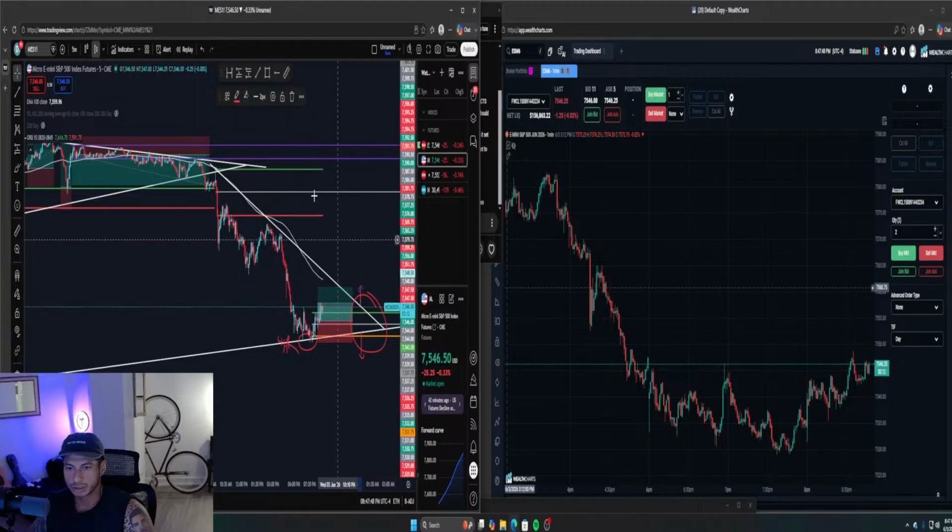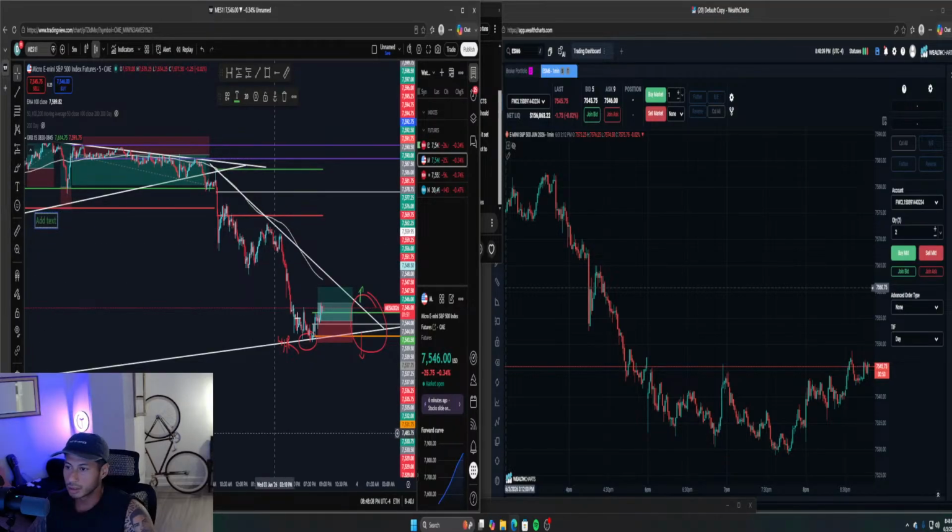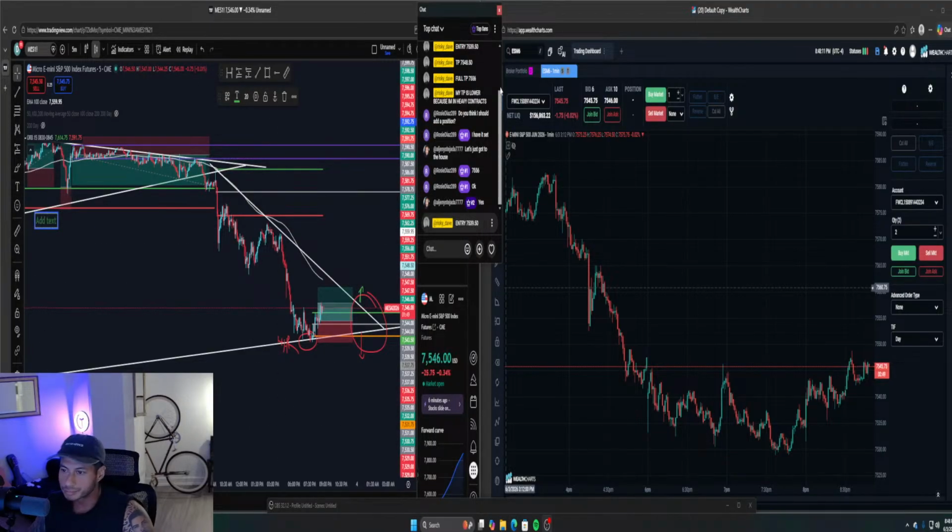I'm going to delete this because this looks ugly. Let me try that again. Make it green. Price will either go up. That's the ugliest arrow I've ever made. Okay, there we go. Whatever. I give up. You guys know what I'm trying to say.